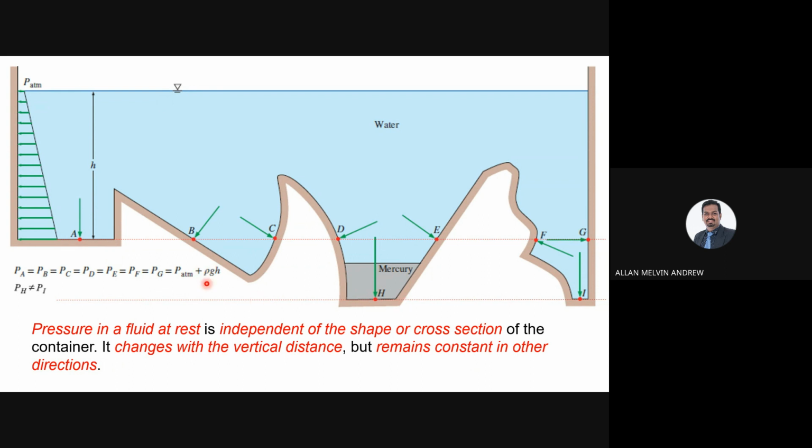Mercury is 13 times denser than water, so automatically this pressure will increase. It won't be the same as water, even though it's at the same depth.